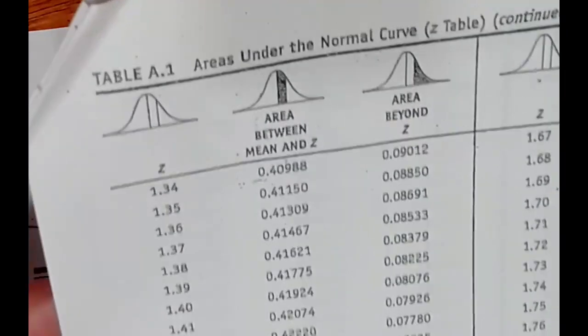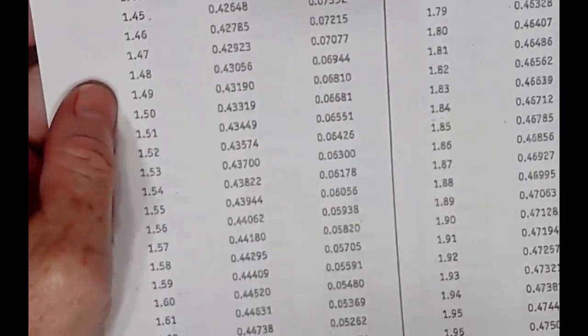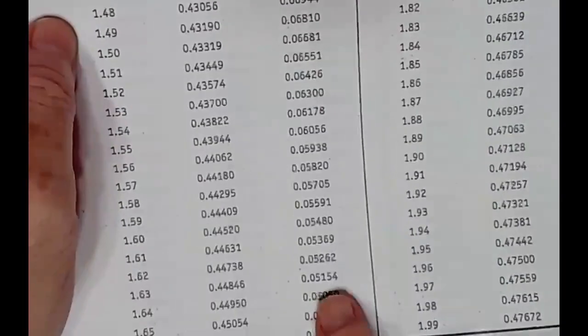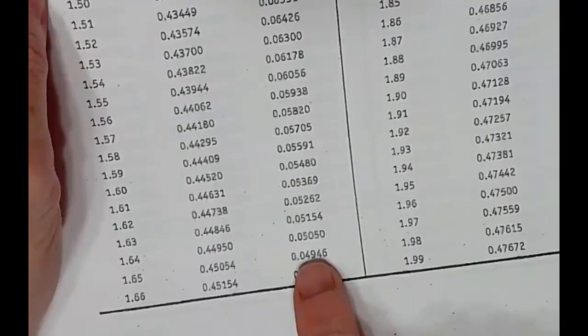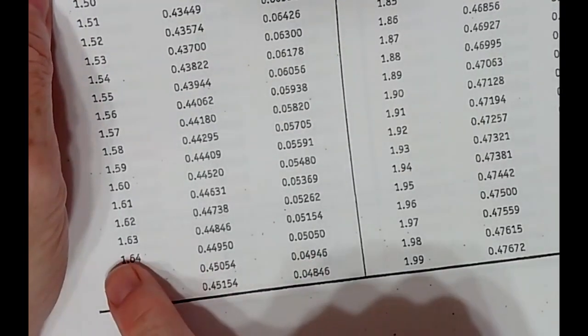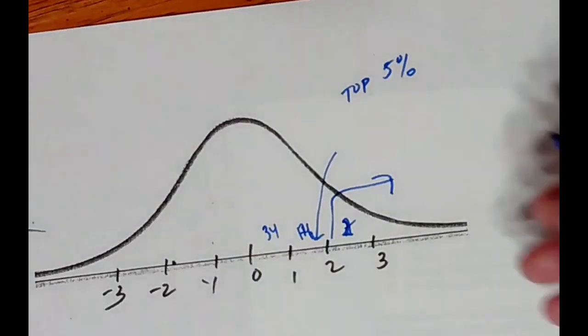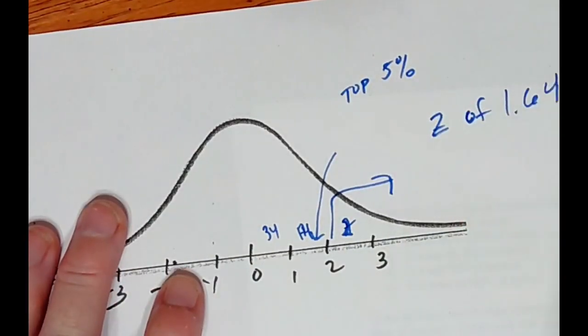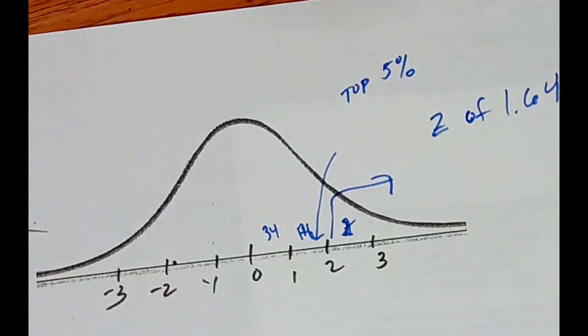So top 5% area beyond z, this column, I'm going to take the 0.0505, okay? And that's going to give me a z of 1.64. So the z of 1.64, that's all I've asked you for. There's nothing more to do.